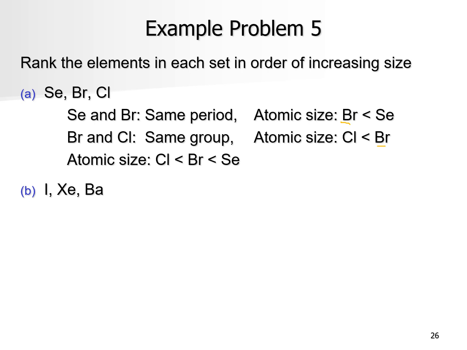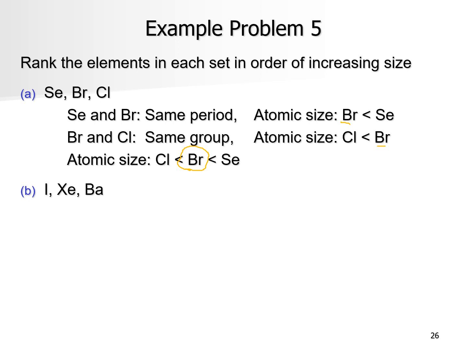But also from this exercise, I want you guys to think about the bromine, because the bromine shares something common with either of these two elements. Bromine shares the same period with selenium.